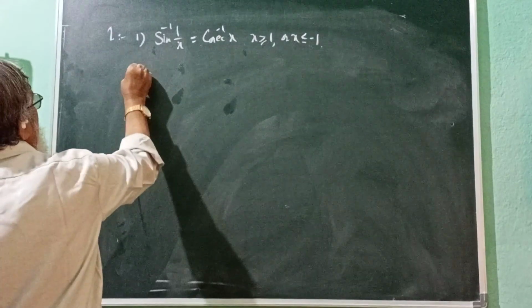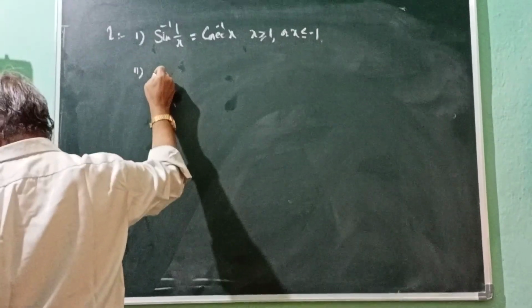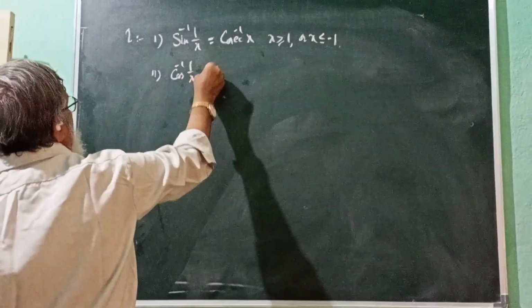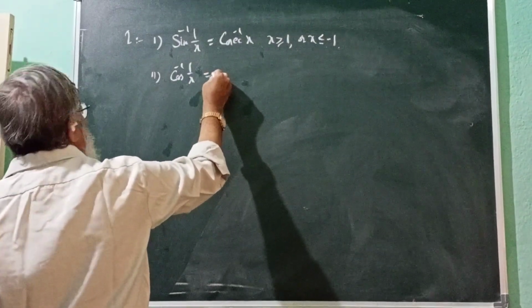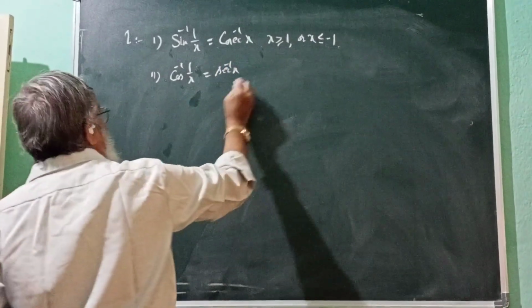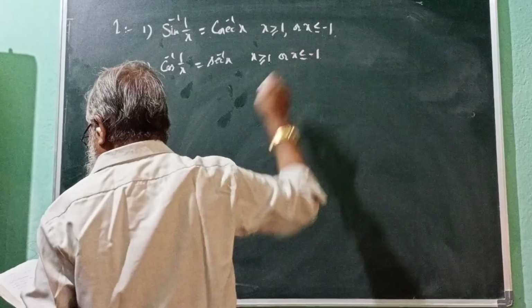Second one is cos inverse 1 by x, that is equal to sec inverse x, and here x is greater than or equal to 1 or less than or equal to minus 1.